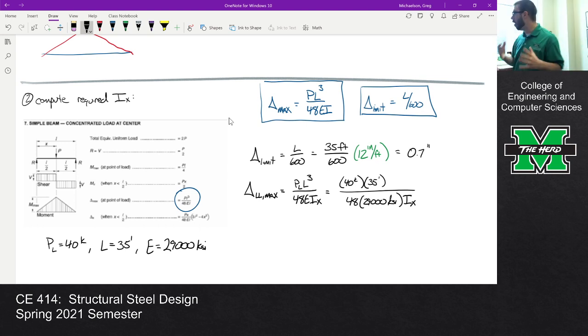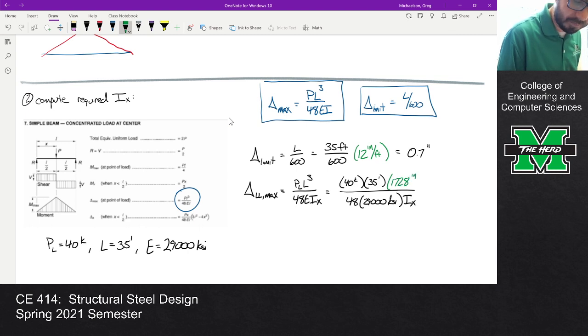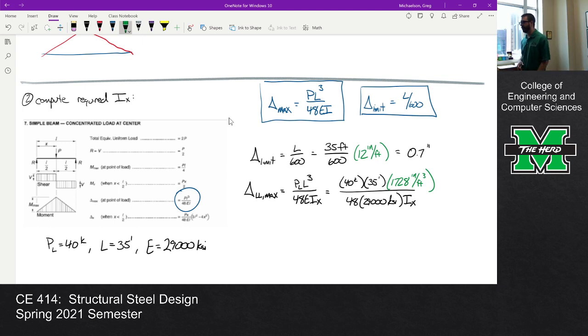Now, the one thing I forgot here is I have to include my unit conversion, 1728 inches cubed over feet cubed. All right. So now what I've got is two expressions. What I'm going to do is take those expressions, set them equal to one another, and solve for IX. And I'll do that down here.